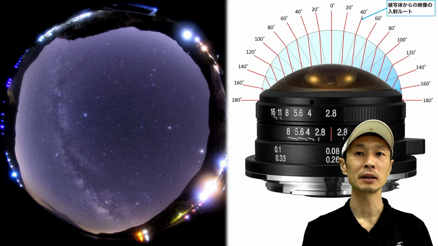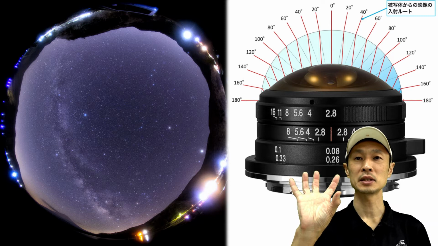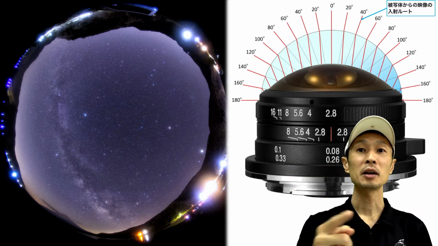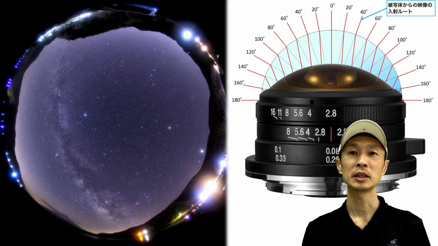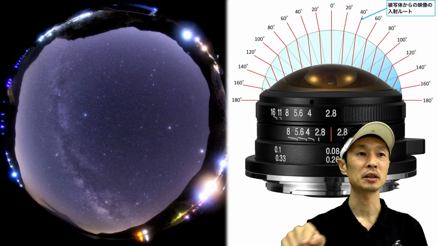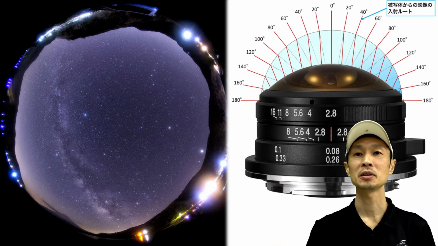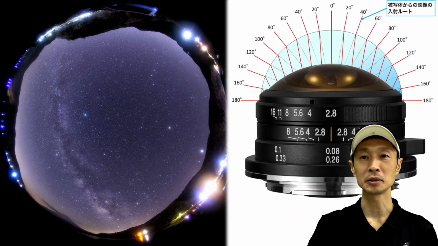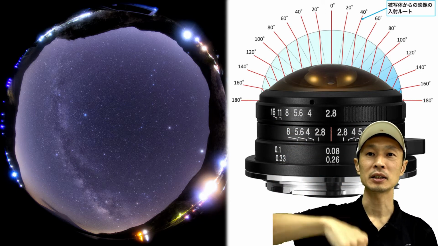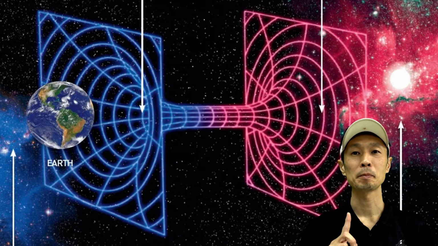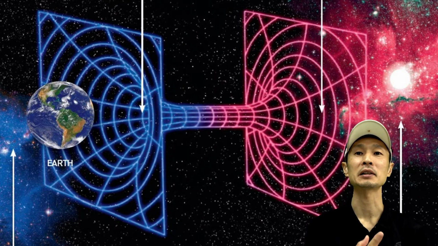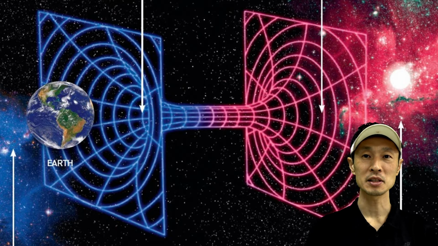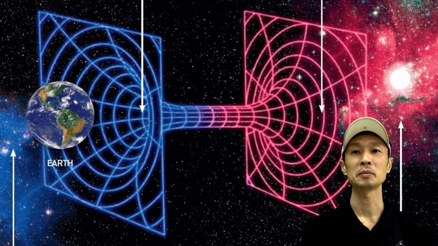If you use a fisheye lens and look up at the sky, you are able to see 360 degrees like in this picture. You see the horizon, right? That's because the fisheye lens bends the light from all angles, and then the bent light goes into the detector camera. The wormhole is something like this, just not a lens, but gravity bending the light.